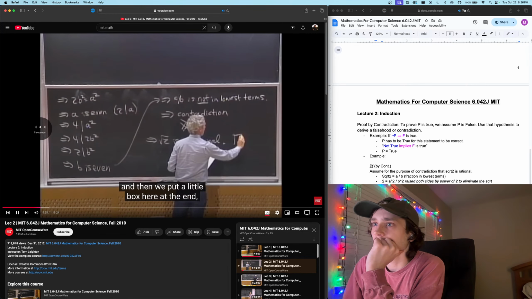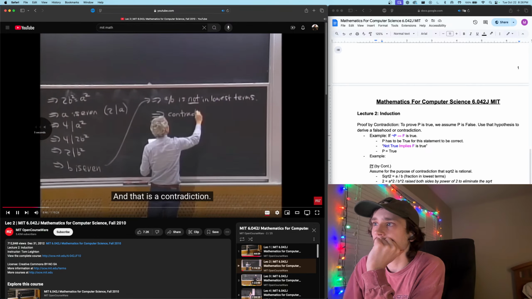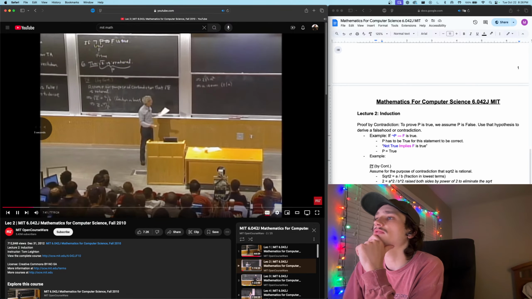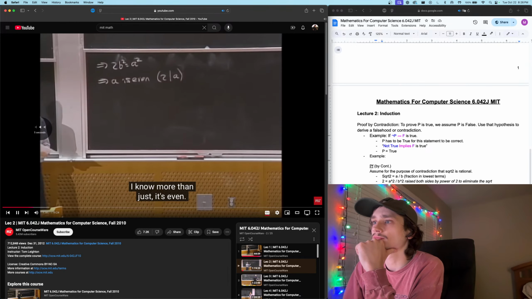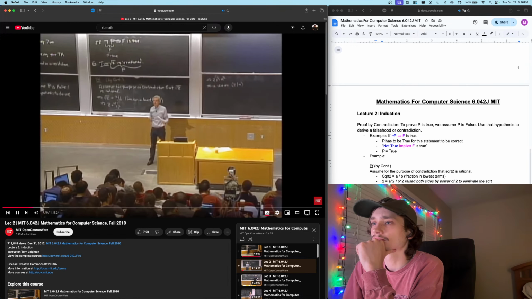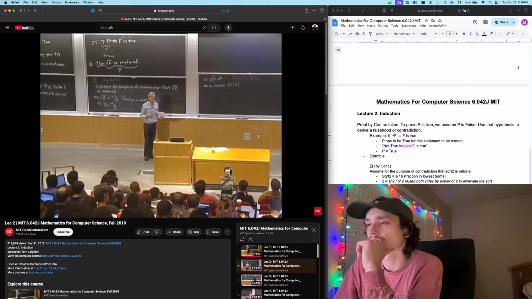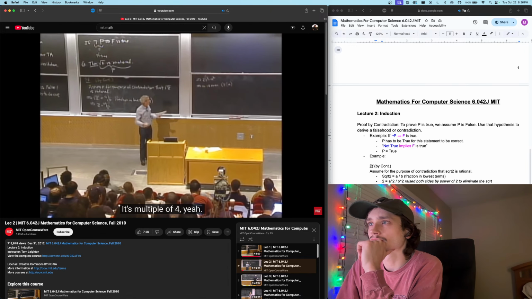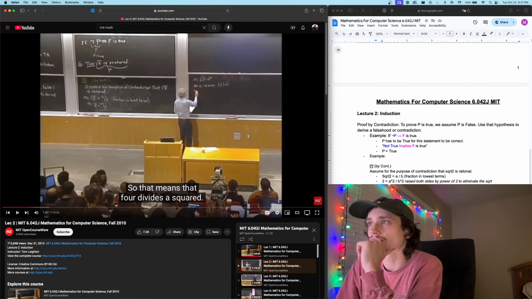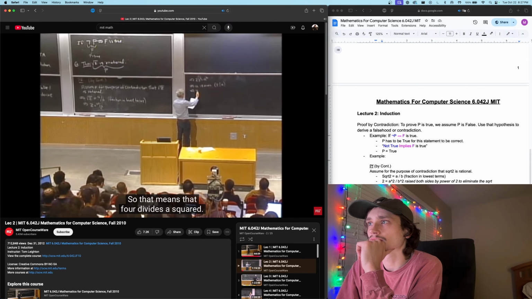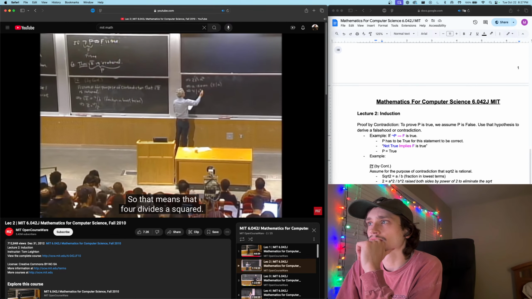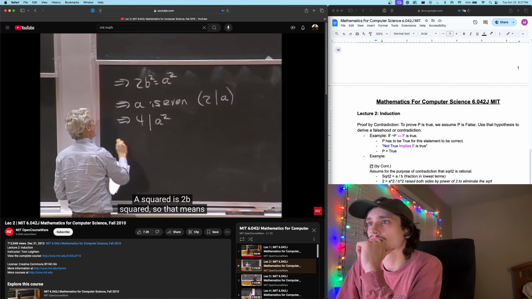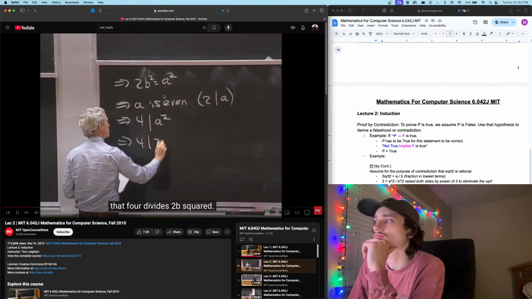that says box here, both B. Why is it 4? I know more than just that it's even. What is it? It's a multiple of 4, yeah. So that means that 4 divides a squared. A squared is 2b squared, so that means that 4 divides 2b squared.